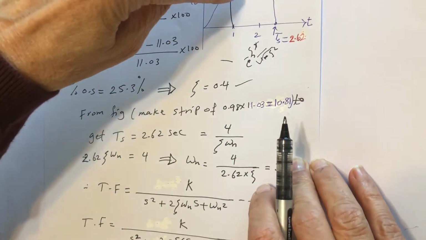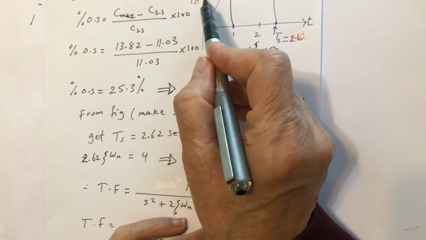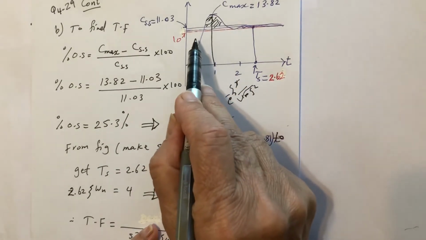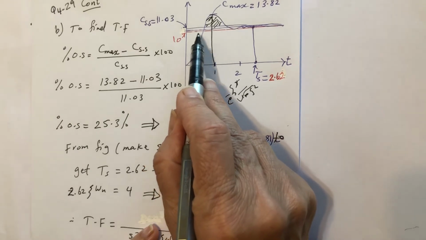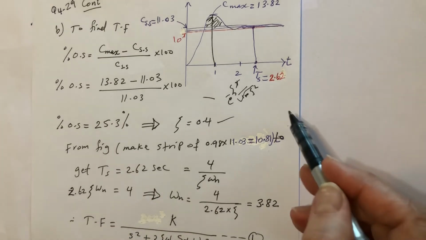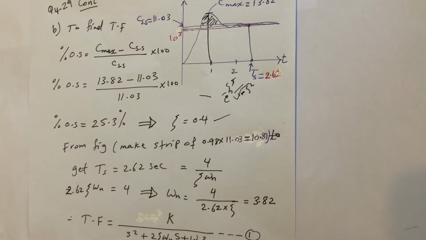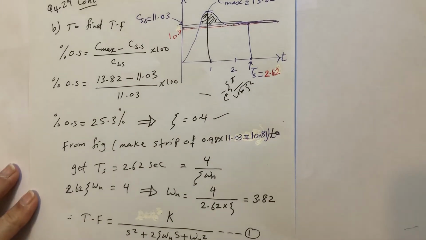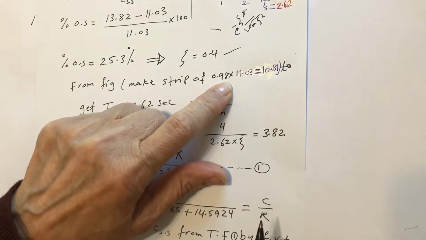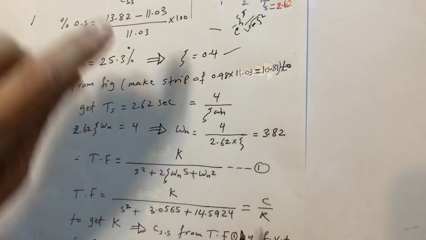If you notice, the oscillation goes up here and comes down here. So this is the 10 that I have drawn now, let me go down a bit. This is the 10 that I drew. Let's say, what did I do? I multiplied 11.03 times 0.98, so you make a strip of 0.98 times 11.03, and it's equal to 10.81.